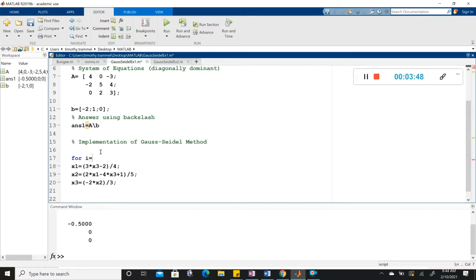We normally probably want to do a while loop and have this thing run until the relative error is within some desired value. But just to get an idea of how the method works, let's start off with just a couple iterations. And actually, I think I might even unsuppress this. For now, let's do just 3 iterations.